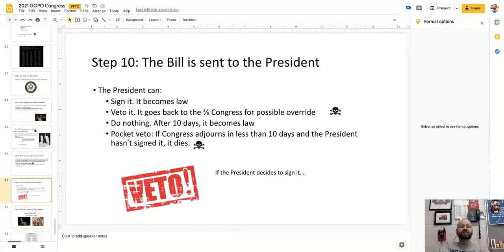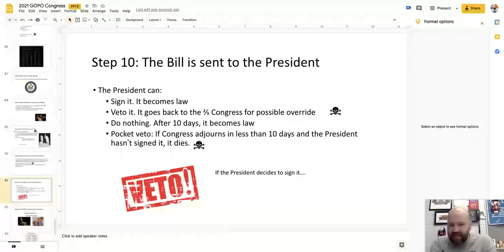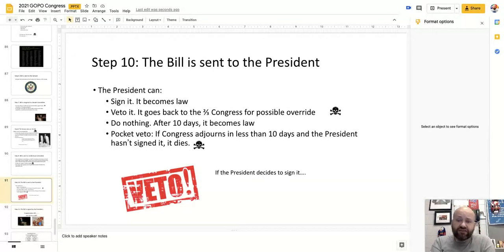And the president doesn't want to veto it, because if the president vetoes it with, say, 9 days left, it can go back to Congress and Congress can override the veto, right? So instead, with 9 days left, I'll just leave it on my desk. It'll die on day 10 and Congress doesn't have a chance to override it. And so what we say is, it's kind of like the president puts it in their pocket, okay? And so that's a veto.